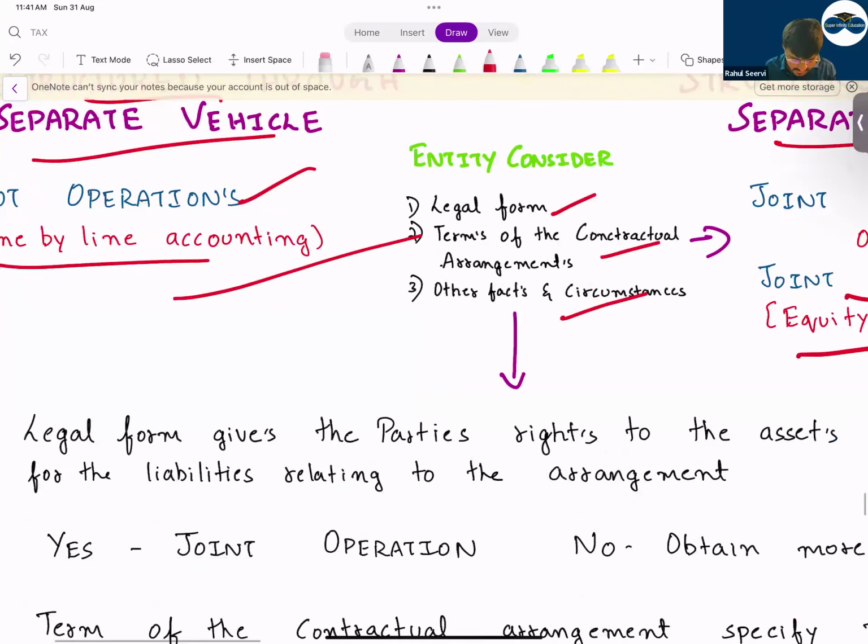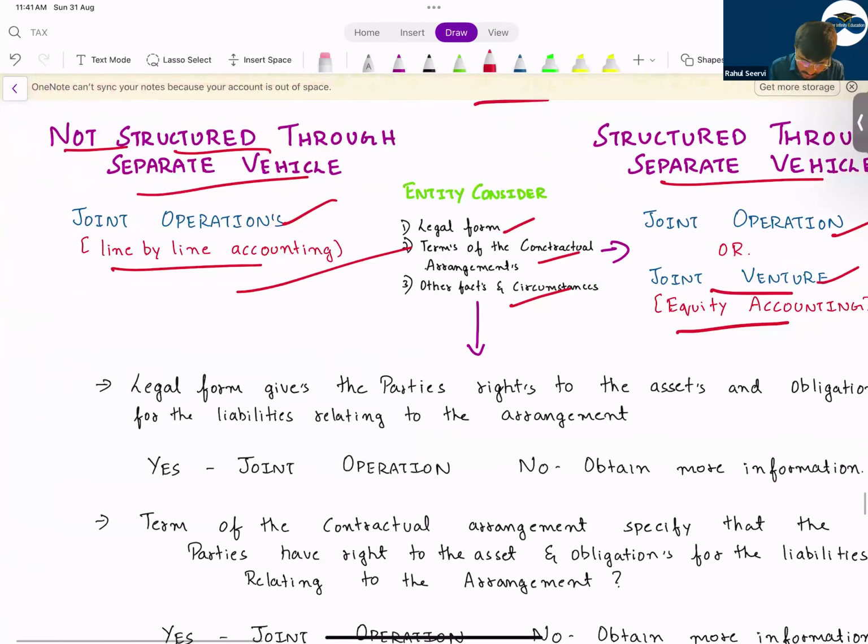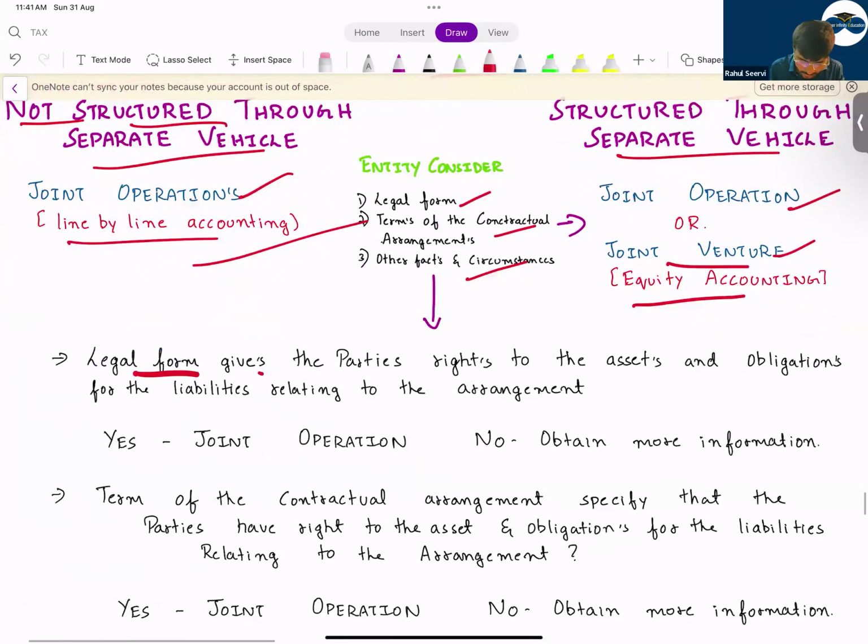First, if the legal form gives the parties rights to the assets and obligations, in that case it's a joint operation. Even though a separate entity is created, the agreement between the parties says that we have the right to the assets and obligation for the liabilities, then it's a joint operation.